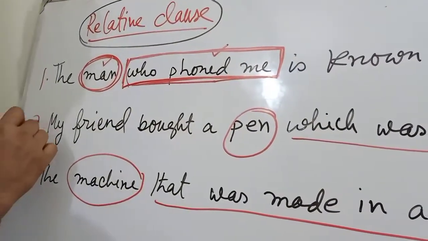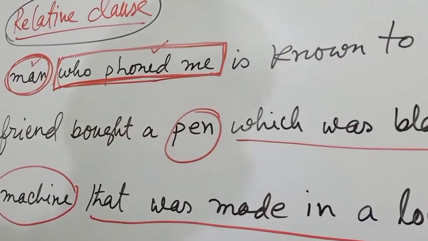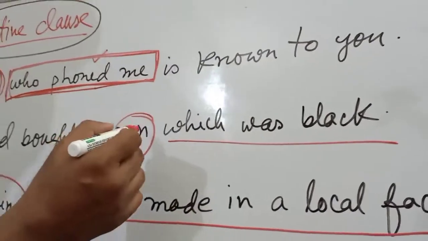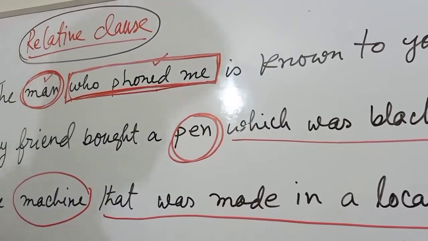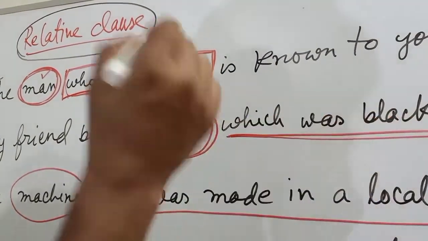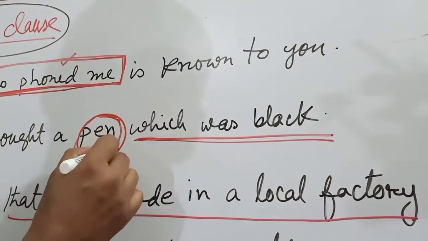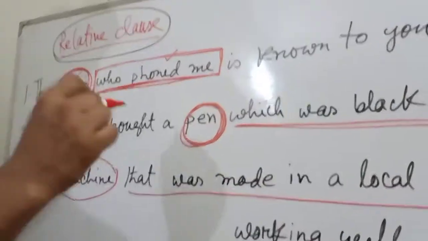In the second example, my friend bought a pen which was black. Here, the pen is the word to be modified by which was black. Which pen? Giving extra information about the pen.